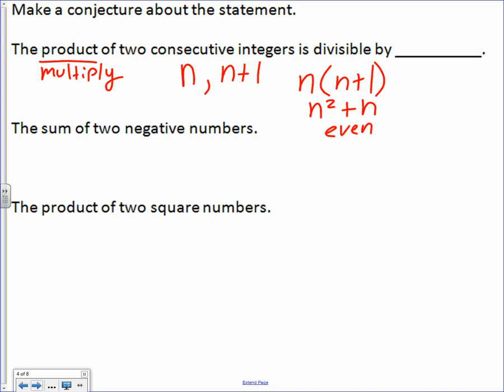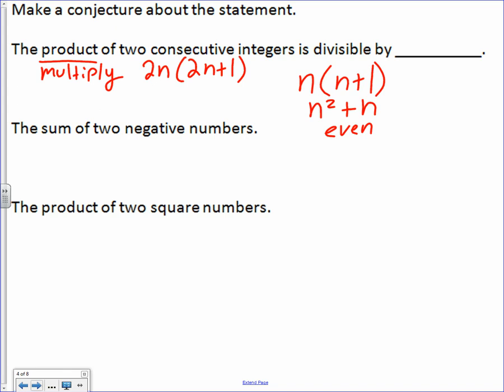Like I said, there's definitely a better way that we could describe this, and that is by, instead of using n and n plus 1, we use 2n and multiply it by 2n plus 1. Now, this seems a little bit weird, but this gives us the option where we start with an even number because 2n has to be even, and then 2n plus 1 has to be an odd number.